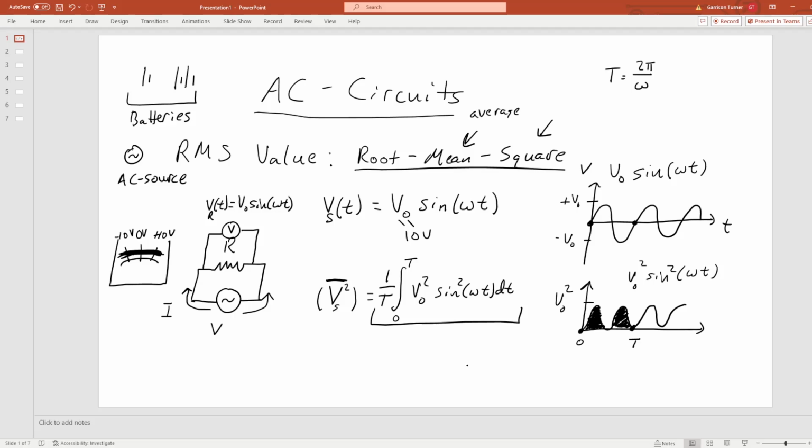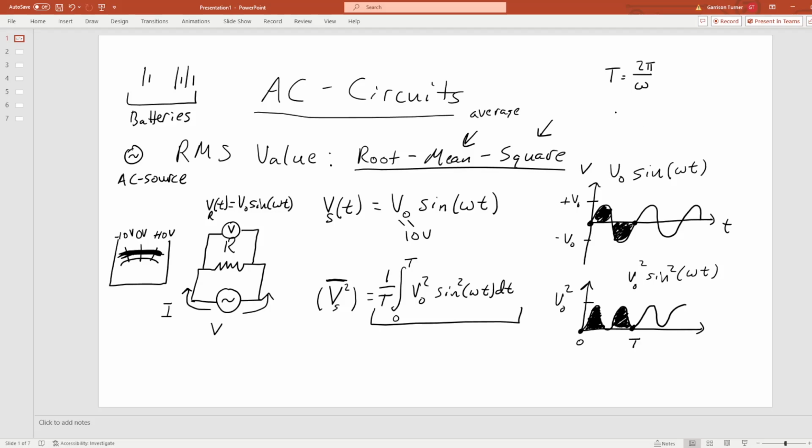Now, your time average does not necessarily have to be of a sine squared. It's just whatever function you're taking the time average of. So the time average of your sine function, well, half of your area is above the t-axis, half of it's below.